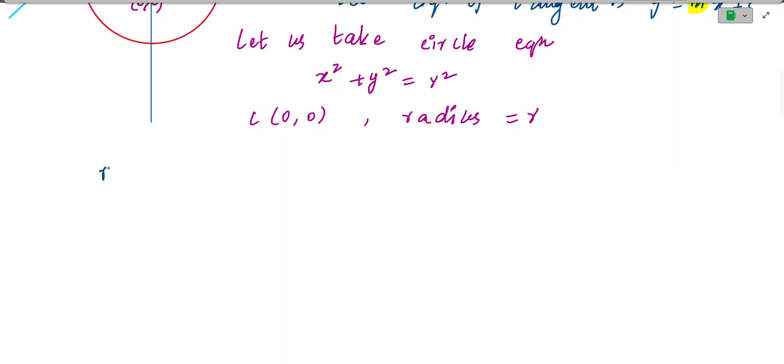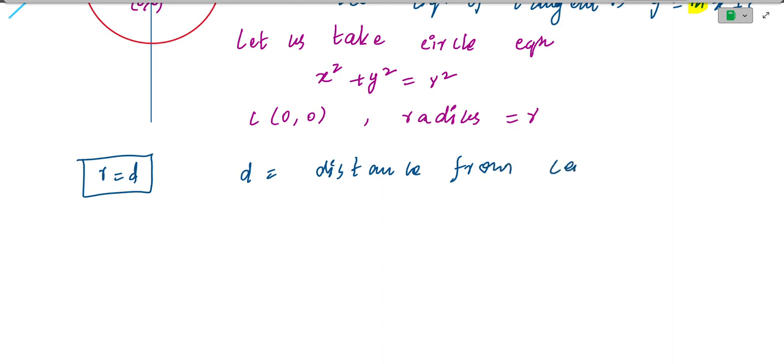Now I will try to apply the condition r is equal to d here, where r is the radius of the circle and d is the distance from the center of the circle to the straight line. So d is equal to the distance from the center of the circle to the straight line.